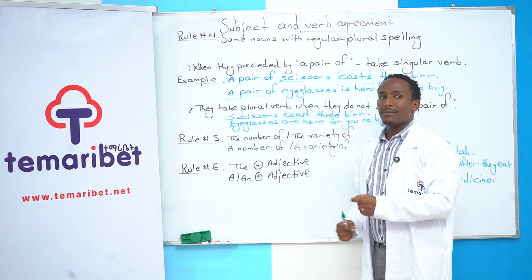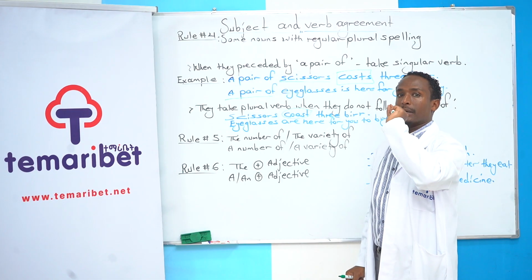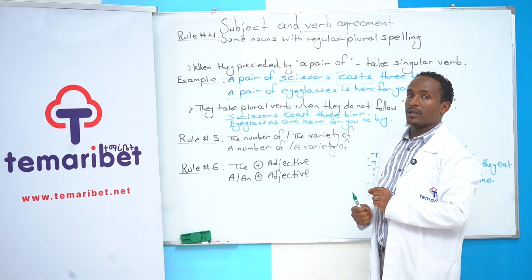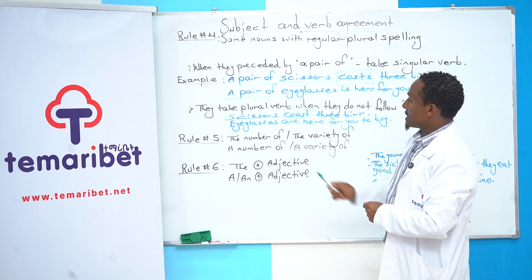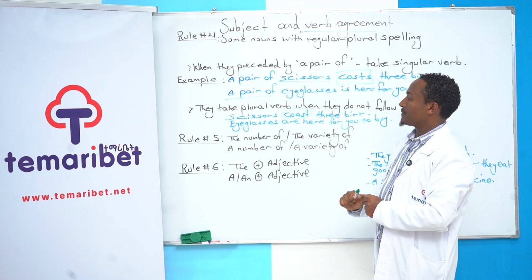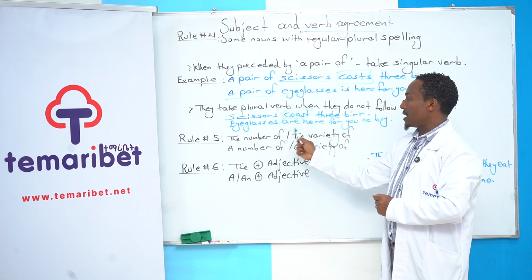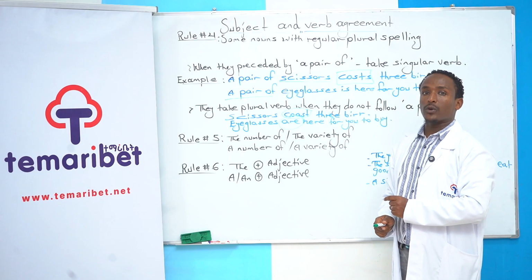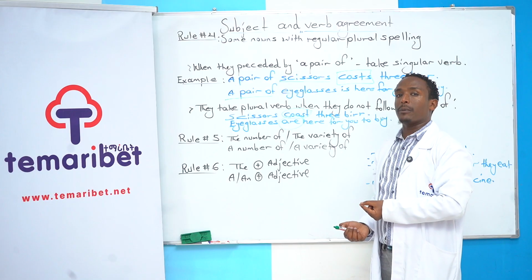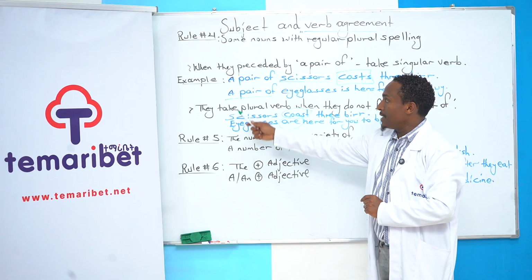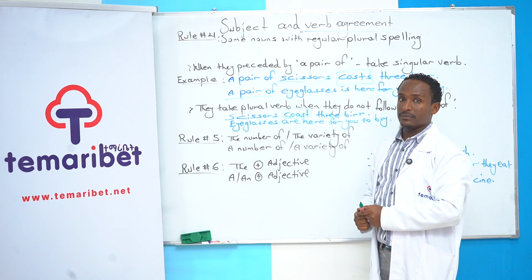What about scissors? Maybe a kind of material, more than 2 or 3 in that package, okay? So scissors cost. Eyeglasses are here, not is here. You are talking about so many eyeglasses, not only one of the given object. If you talk about one of the given object, you must add a pair of in front of them.